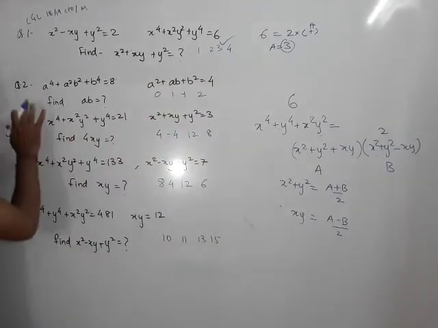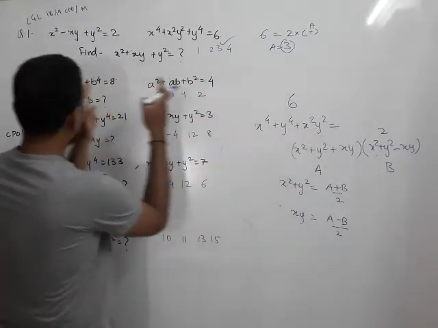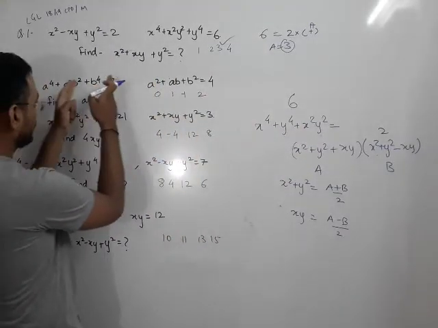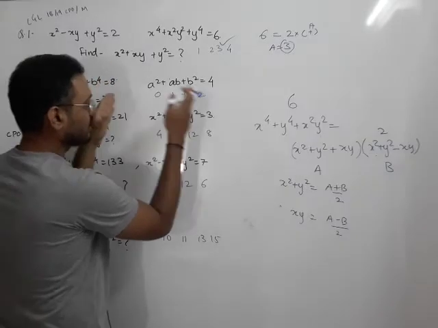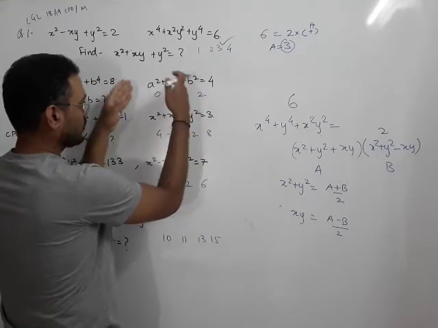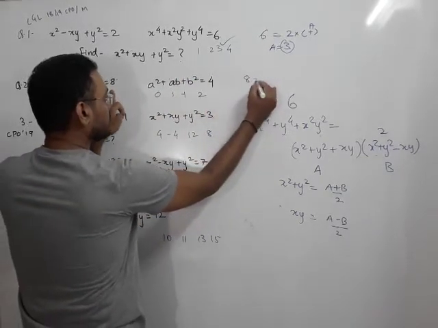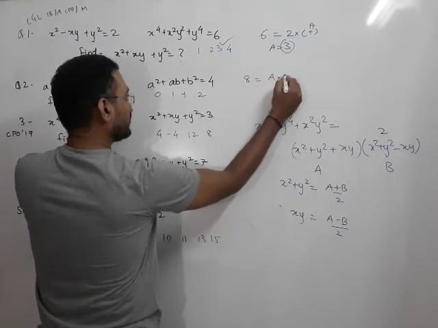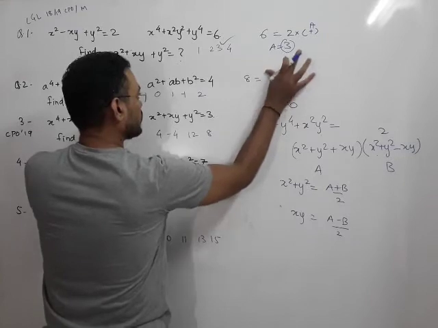Next one. This is again my combined equation. I am looking at 8 as made up of my plus term and minus term, which is my A and B. So this is my A plus term. So what will be my minus term? 8 is made up of my A and B. A is my plus term, which is 4.